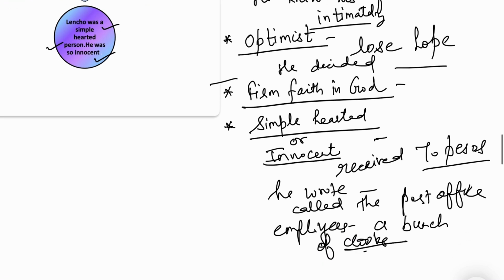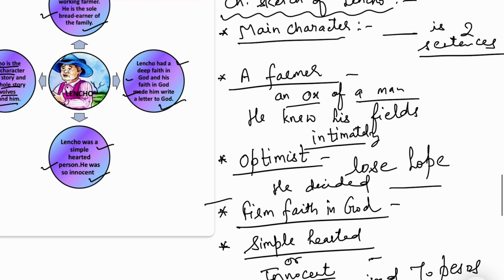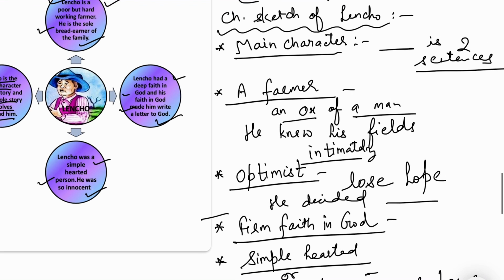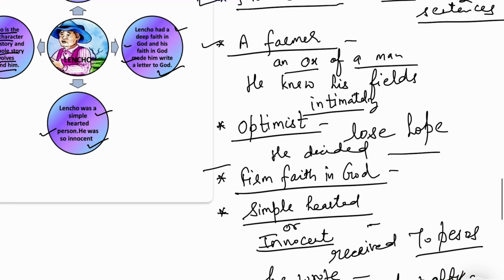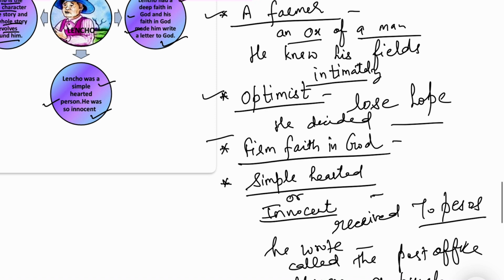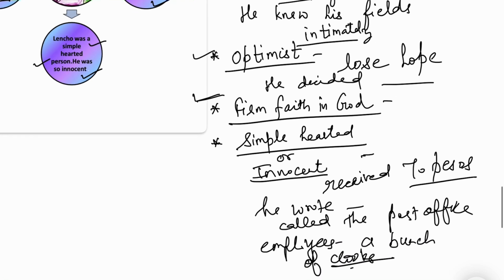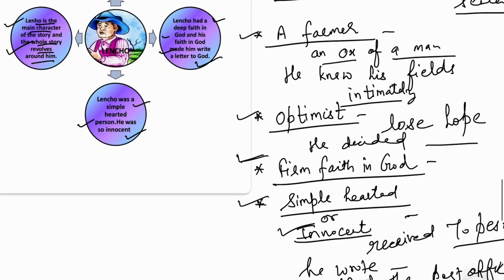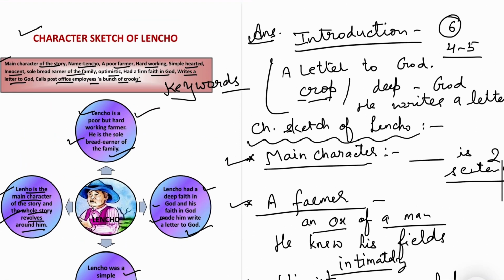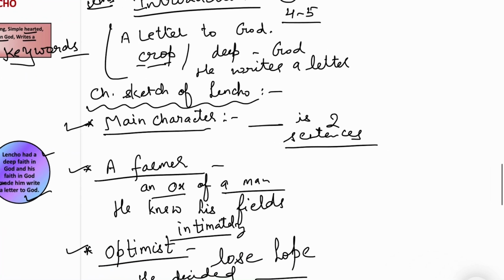So in this way we can write any character. The first point is main character, the second is a hardworking farmer, then optimist, deep faith in God, simple hearted or innocent. So in this way we write any character.